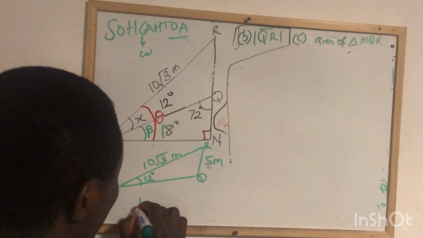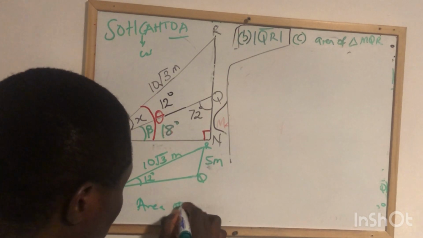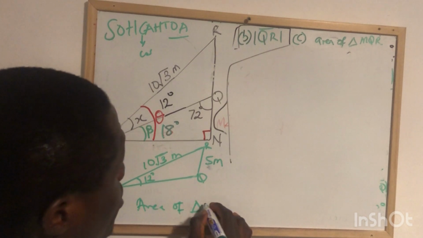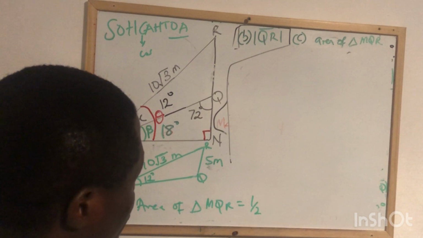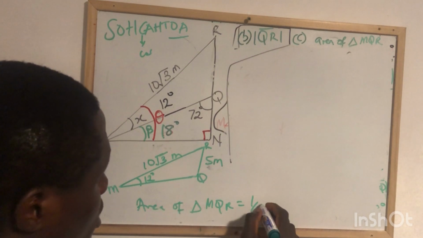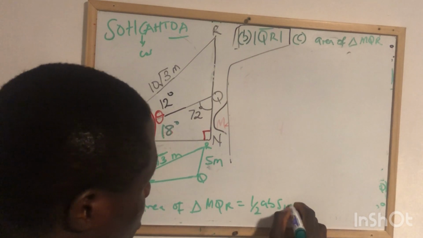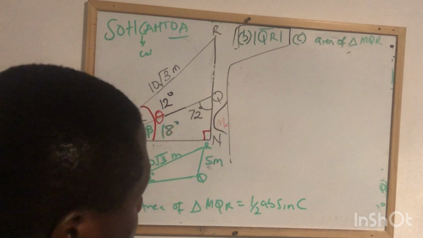So area of triangle MQR is going to be half AB sine C, but this is not AB.